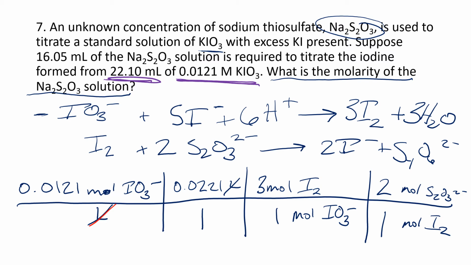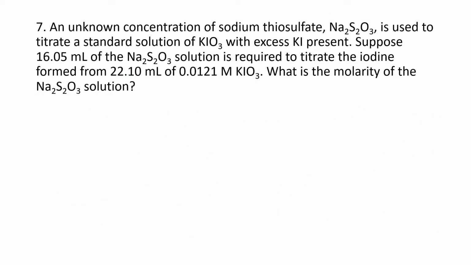Those liters will cancel, those moles of IO3 will cancel, and those moles of I2 are going to cancel. So I'm just going to be left with moles of S2O3 2 minus. But I'm looking for concentration, so I need to convert that to concentration. When I do the math, I get 0.00160 moles of S2O3 2 minus.